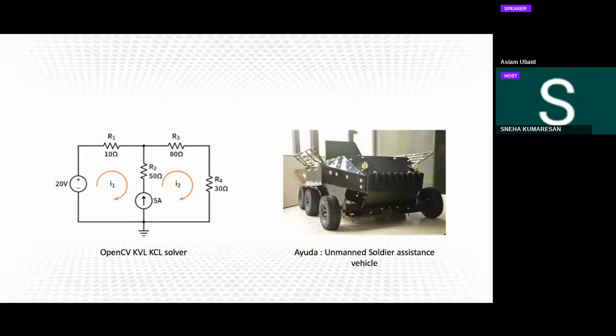That was one of my first projects. Then came Ayuda, an unmanned soldier assistance vehicle, which was presented at DRDO's Druze competition, and we won the national championship, a sum of 1.5 lakhs.